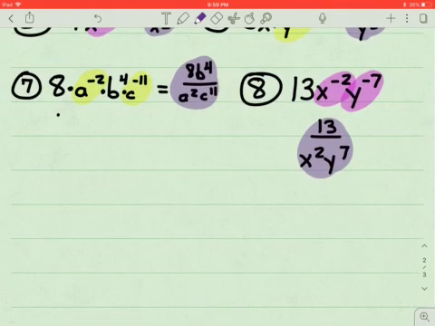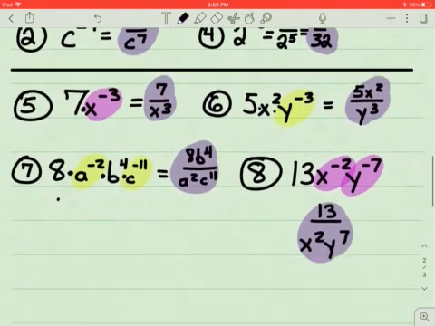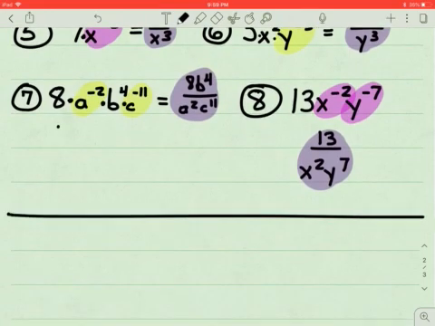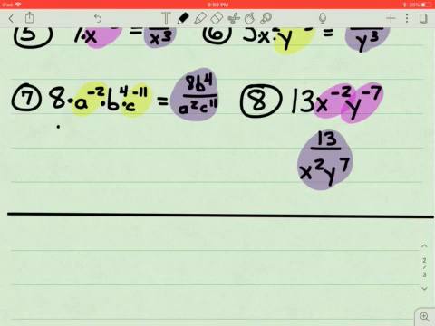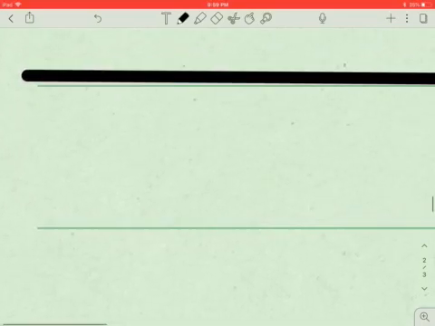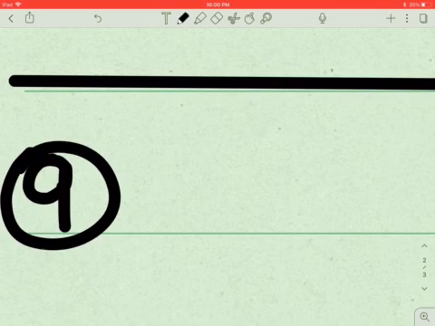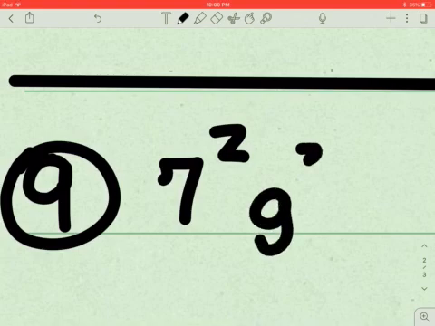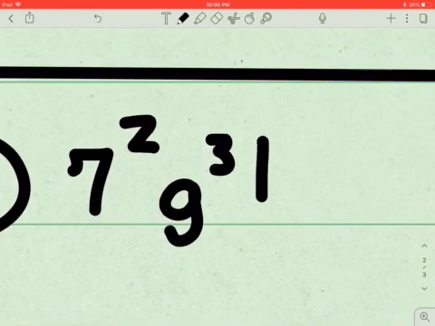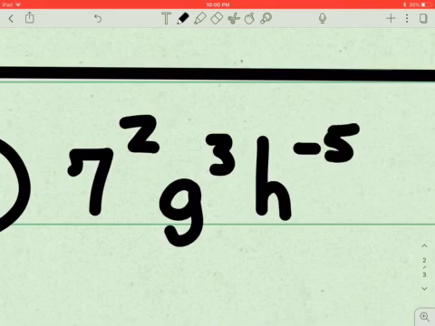And let's do one more type of problem, and those are ones that involve coefficients that have exponents on them. So number 9, let's say I give you guys 7 squared, g to the third, h to the negative fifth, j to the sixth, something like that.